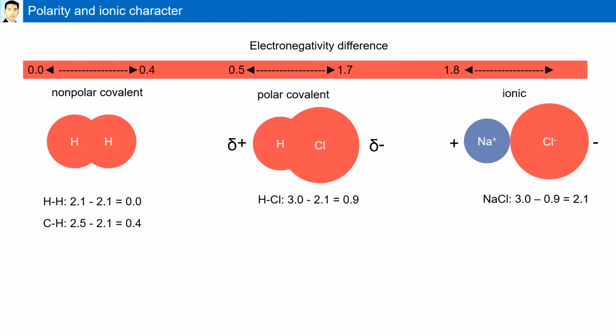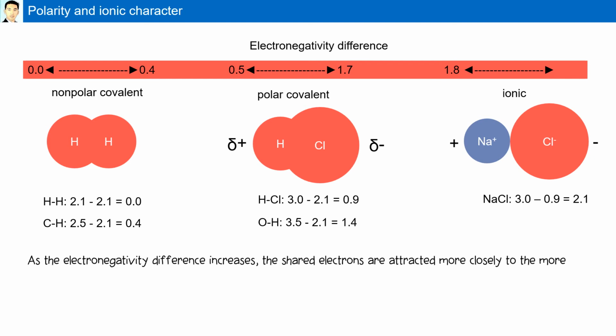Another example for nonpolar covalent would be the carbon-hydrogen bond, a C-H bond, with a difference of 0.4. Another example for polar covalent would be an O-H bond with a difference of 1.4. As the electronegativity difference increases, the shared electrons are attracted more closely to the more electronegative atom, which increases the polarity of the bond.